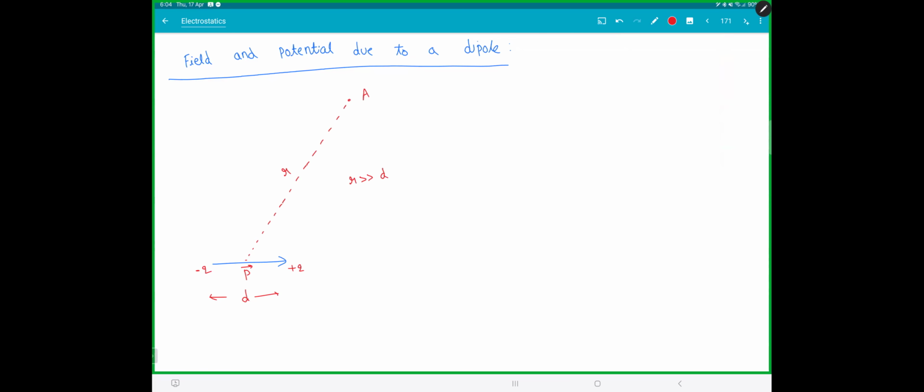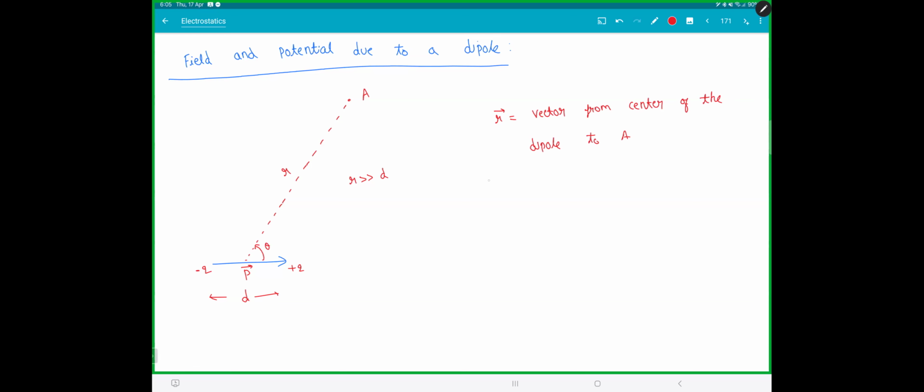So we will try to find the field and potential for points which are very far from the dipole. So r bar is a vector from the center of the dipole to point A. And we define theta as this angle.